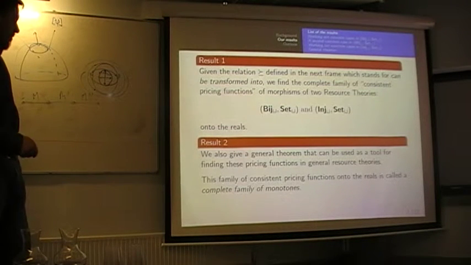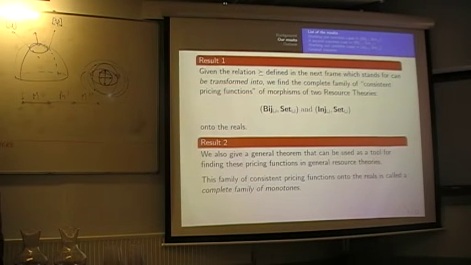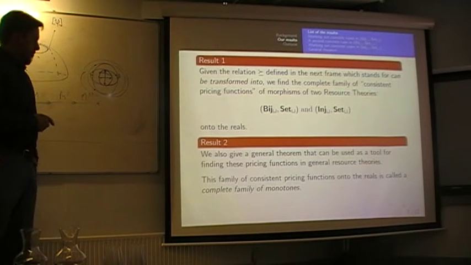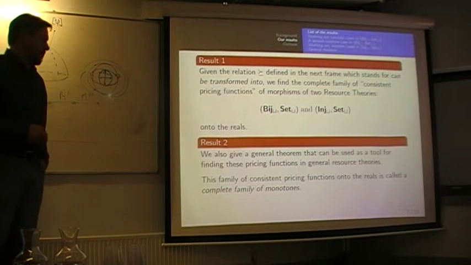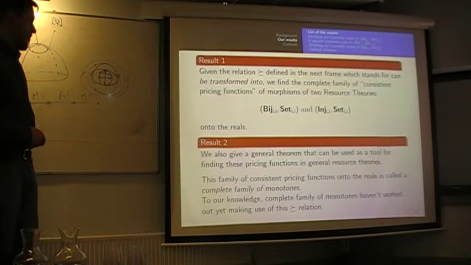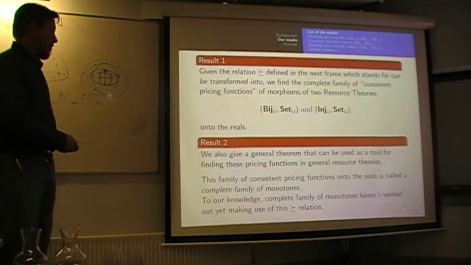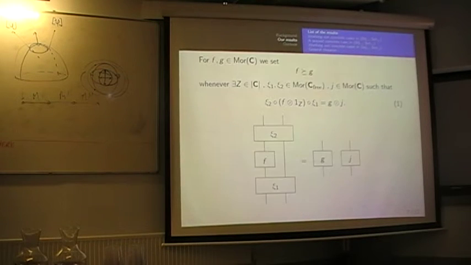In this resource theory framework, these are called complete families of monotones. A monotone would be a monoid homomorphism that preserves the order, so an order-preserving homomorphism into the reals. This hasn't been worked out, so hopefully this theory could help ease the task of coming up with these complete families.